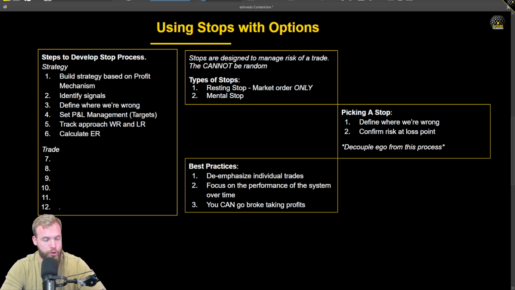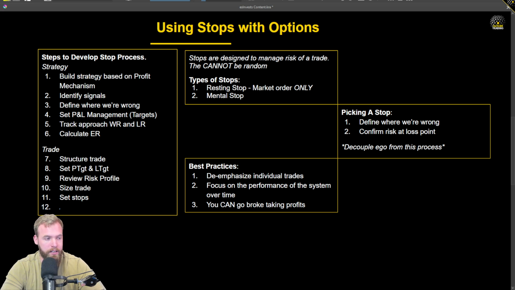Now, at the individual trade level, once we have this built for the strategy, at the trade level we're going to find an opportunity based on our scanning, based on portfolio needs, all that stuff. We're going to start structuring a trade. So we're going to lay out something that we think we like. We're going to look at where our profit and loss targets would be. Then we're going to take a look at the risk profile for this individual trade. We're going to then size it based on the risk profile, balancing where we think we're going to take profit and losses.